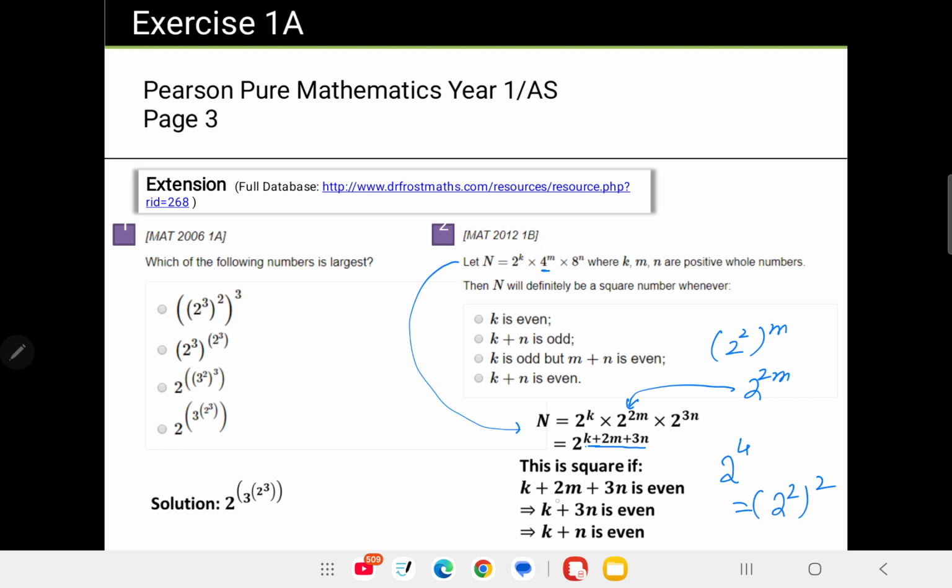If this whole thing is even, then 2m obviously is even because it's a multiple of 2, so you can ignore it. That means k plus 3n should be even. So if k plus 3n is even, then k plus n is even as well, because 3n is just a multiple of n, so you can ignore it. So that means this condition holds, k plus n should be even if n is a square number.